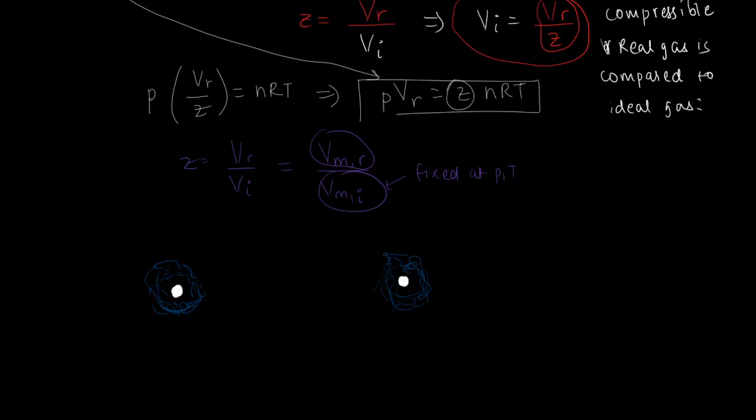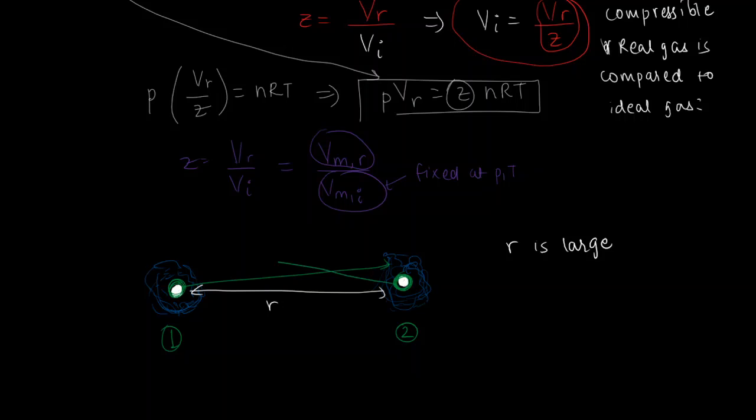At really far distances, if this distance r is large, then the only forces of attraction between these come from the attraction between the positive nucleus in the first particle and the electron cloud in the second, and the attraction between the nucleus of the second and the electron cloud of the first.